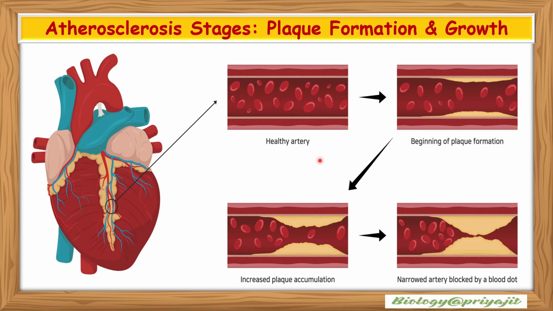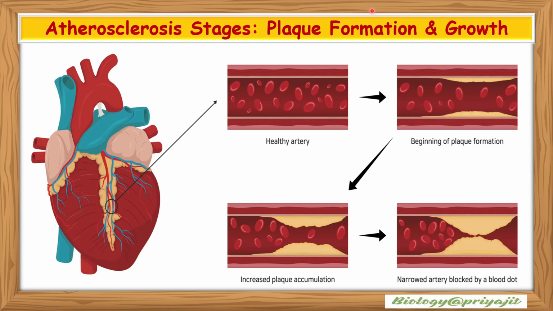Today we are going to explore atherosclerosis, a hidden disease of the arteries where fatty deposits called plaques slowly build up inside the vessel walls. This build up narrows the arteries, makes them hard, and reduces blood flow into vital organs like the heart and the brain.